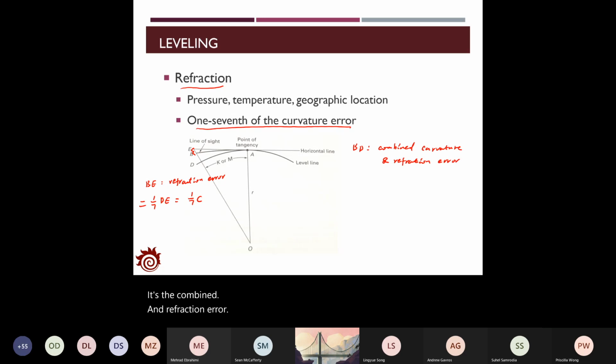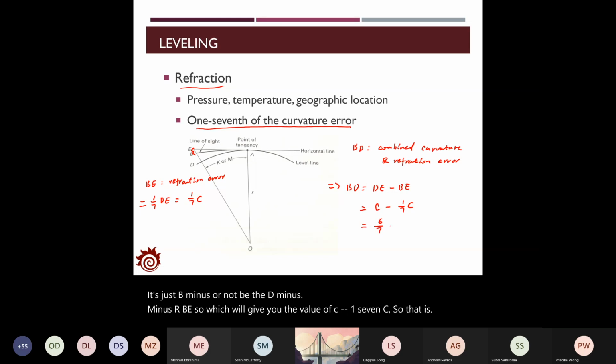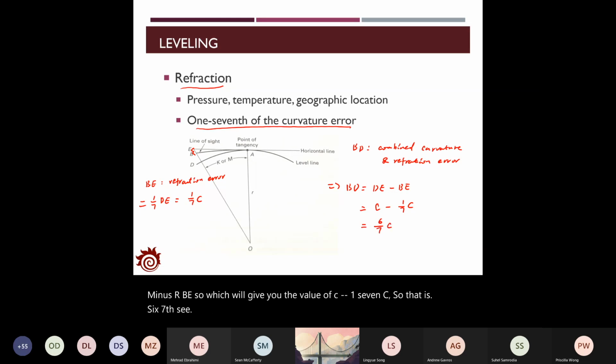And with that, BD is just the DE minus BE, which will give you the value of C minus 1/7 C, so that is 6/7 C.